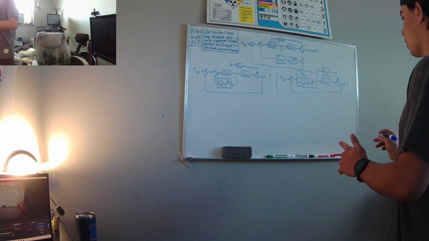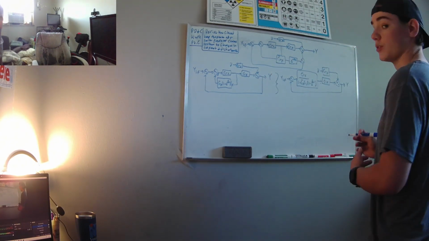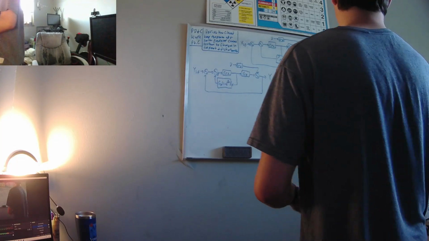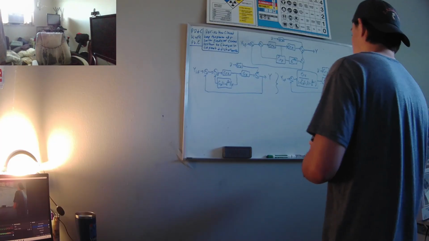Now that we have all of these functions put together into a single closed loop like this, what we're going to be able to do is we can combine these as we have previously with our block diagrams.